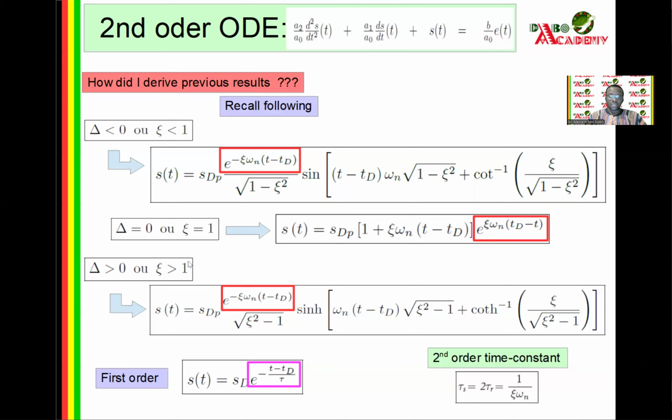For the last expression that we have here, we can see that the form of writing is exactly the same as the first one, except that the system is living in a hyperbolic world here. This is why you have hyperbolic cotangent here and hyperbolic sine here.